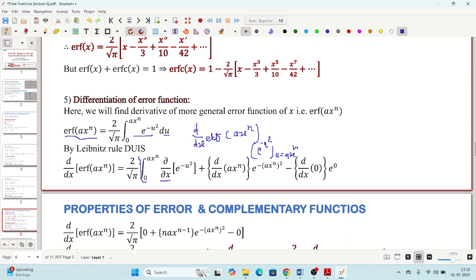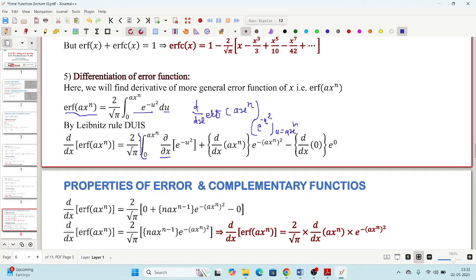So finally what is the value? See this 2 by root pi is a constant multiplier. In the first term, as you are taking the derivative of e to the power minus u square with respect to x, obviously it is free from x, so the derivative will be 0. So the first term becomes 0.